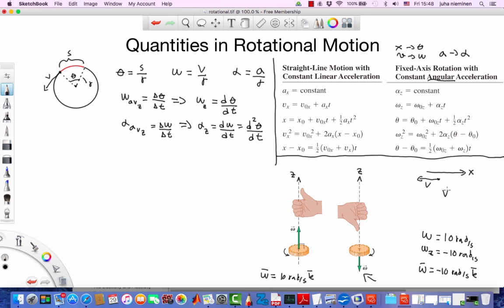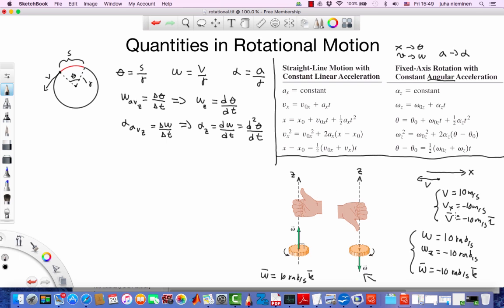The speed v, let's say that would be 10 meters per second. The x component of the velocity would be minus 10 meters per second. And then finally the v vector itself, that would be minus 10 meters per second in the negative x direction, hence minus i.